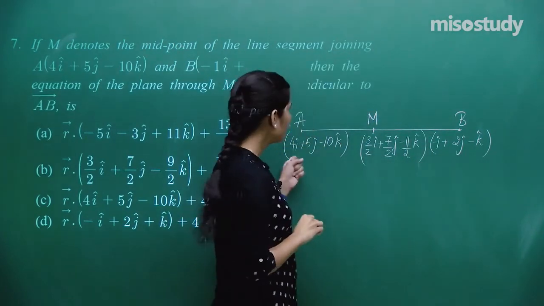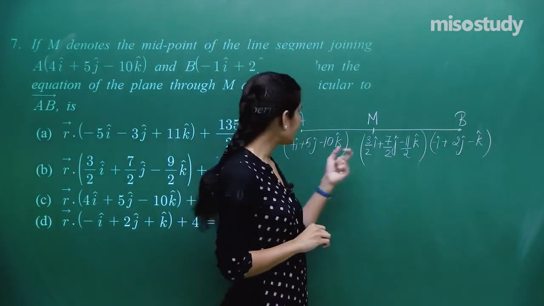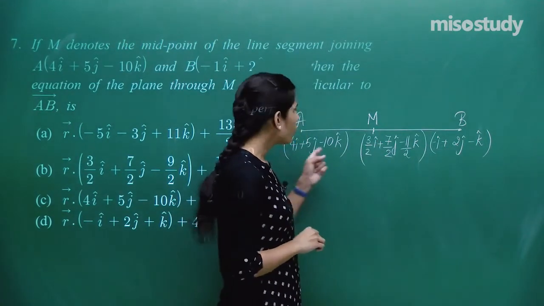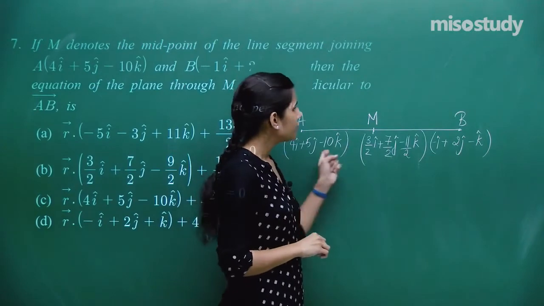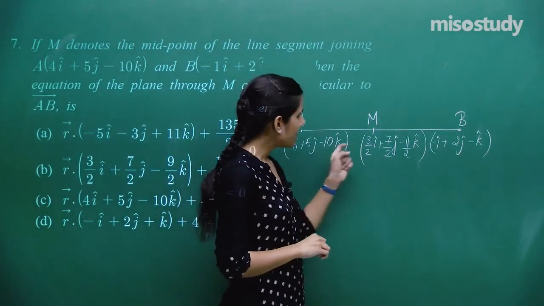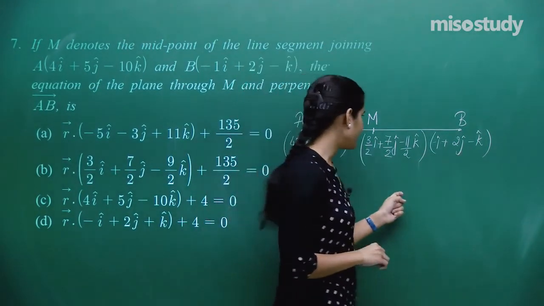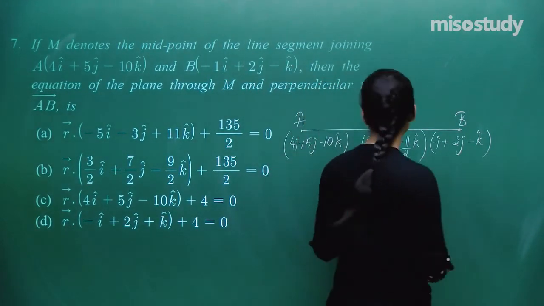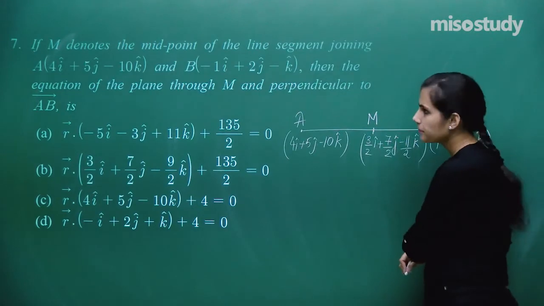Isn't it? You basically take this plus this divided by 2, this plus this divided by 2. So 4 minus 1 is 3 divided by 2, 5 plus 2 is 7 divided by 2, minus 10 minus 1 is minus 11 divided by 2. This is the position vector of point M, which is the midpoint of the segment joining A and B.